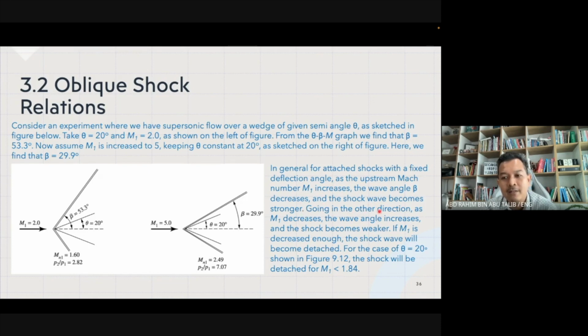Going in the other direction, as Mach number M1 decreases, the wave angle increases and the shock becomes weaker. If M1 decreases enough, the shock wave will become detached. For the case of theta equal to 20 degrees, shown in Figure 9.12 in the Anderson book, the shock will be detached for Mach number less than 1.84.